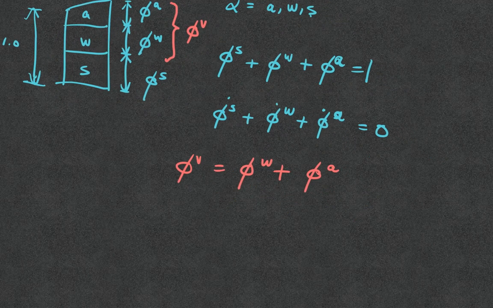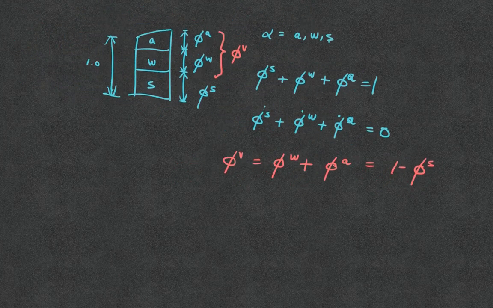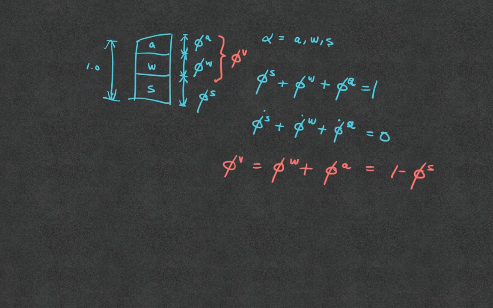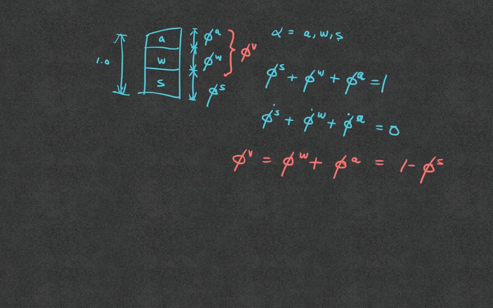Or of course that also equals 1 minus the volume fraction of the solid. Okay, so far so good. I just need to introduce some terminology that is commonly used by hydrologists or oil company people so that we can communicate. So far so good on the volume fractions. It's pretty intuitive.